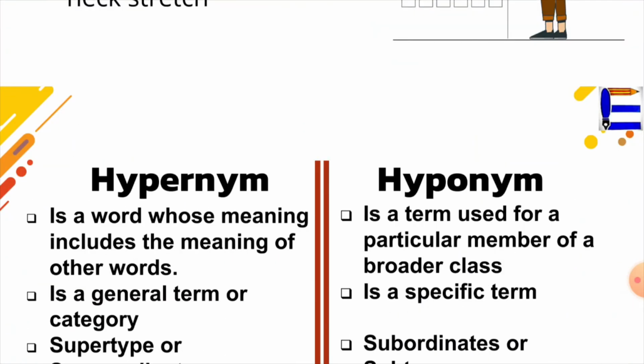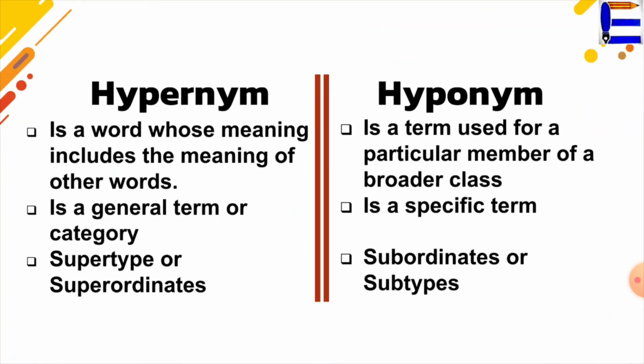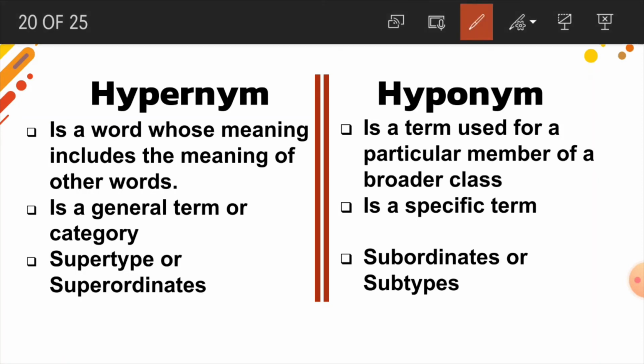Next, we are going to move towards hypernym and hyponym. Here we need to understand the words hyper and hypo. Hyper means superordinate, which is higher, at the top, and hypo means under something, right? So let us learn that. A hypernym is a word whose meaning includes the meaning of other words.